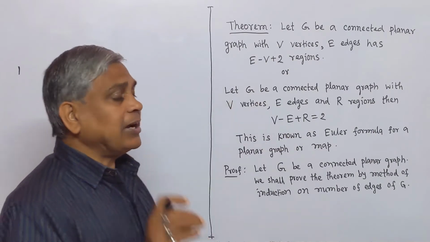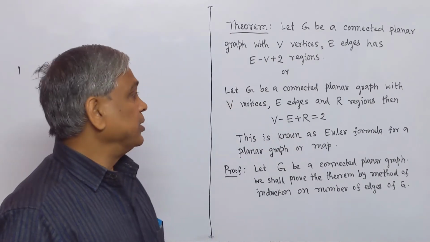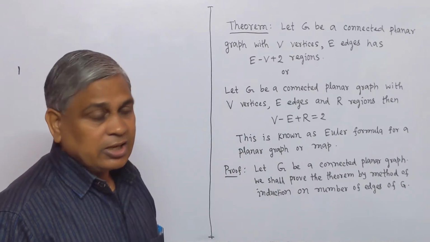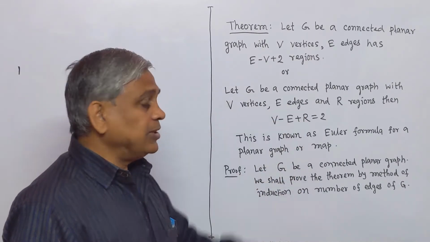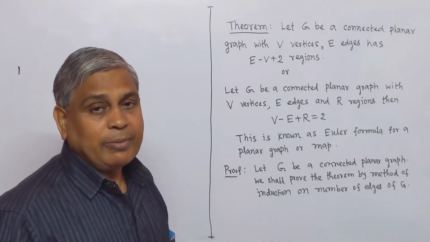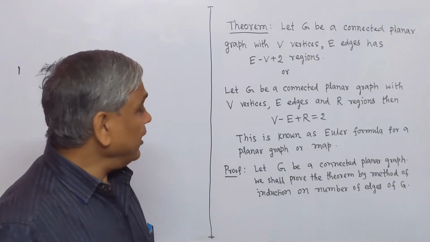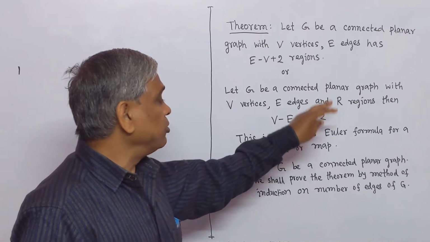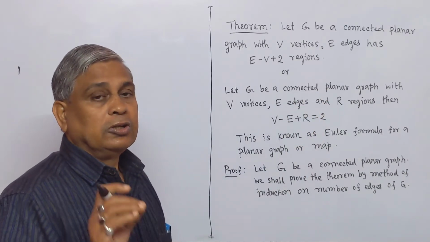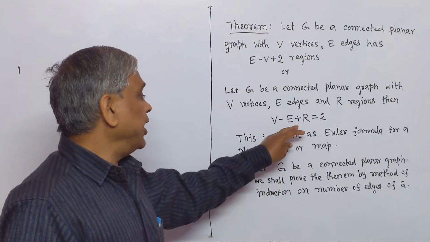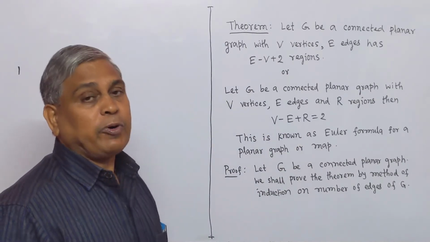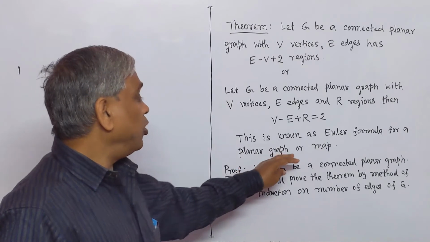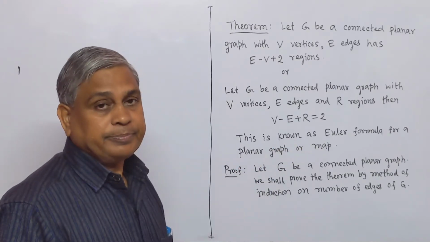Let G be a connected planar graph with V number of vertices, E number of edges and R number of regions. Then V minus E plus R equal to 2. This formula is known as Euler's formula for a planar graph or map.